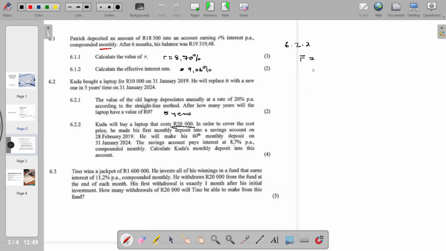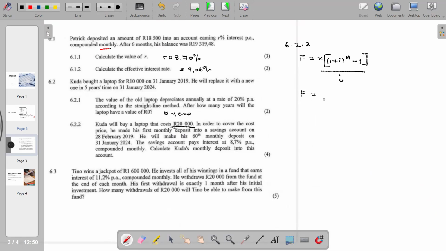So it's saying F equals x, then we put a bigger bracket, then it's 1 plus i to the power n minus 1 all over i. Then identify the variables. We have F, that's the future value of your annuity.